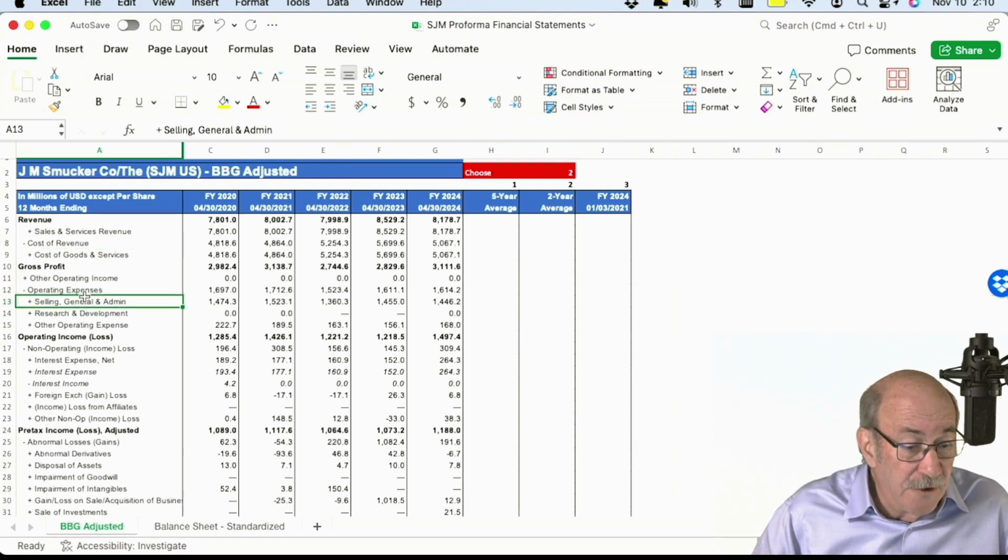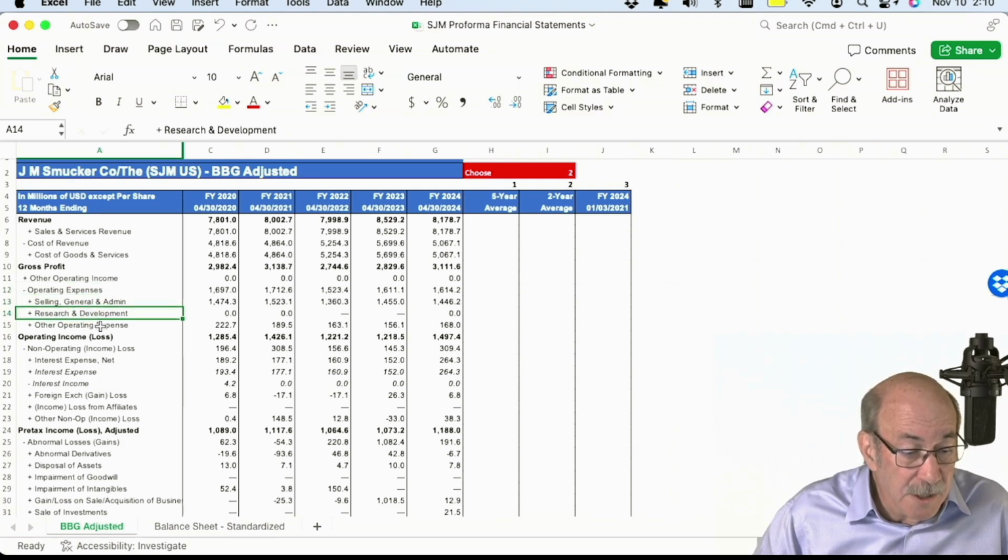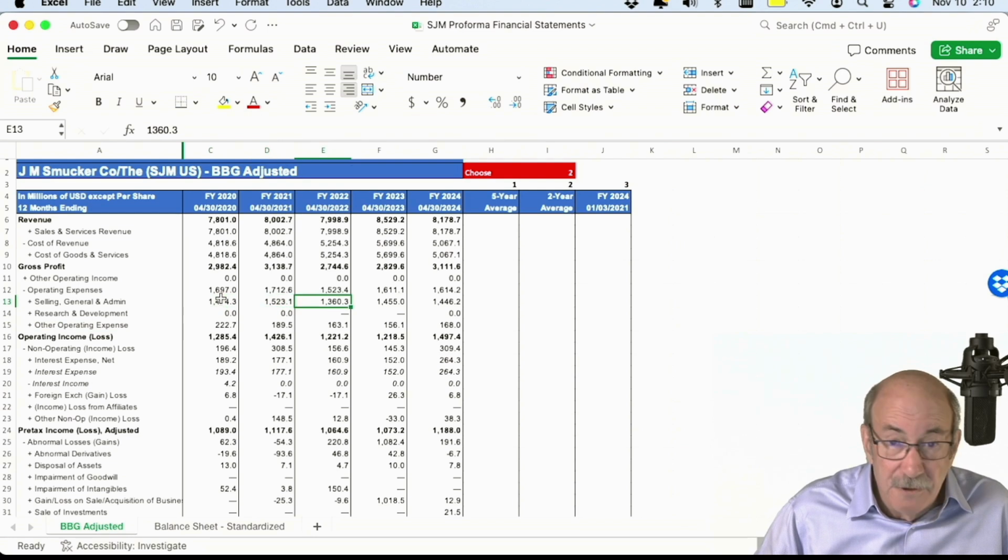Further down here, though, for instance, like operating expenses, we've got SG&A down here, we've got R&D, we've got other operating expenses. And when I look at these, I go, oh, well, most everything is in SG&A, right? The vast majority of it is in SG&A. There's nothing in R&D, and then there's a small amount in the other operating expenses.